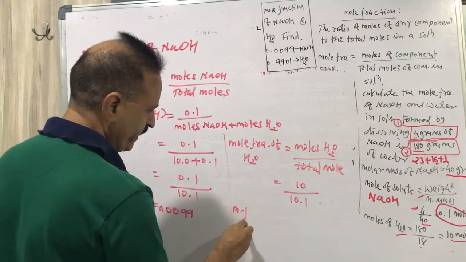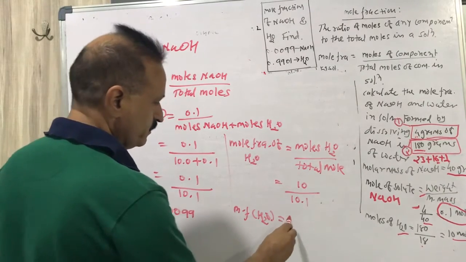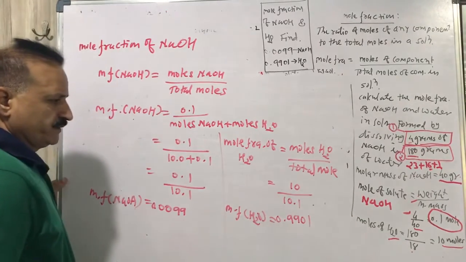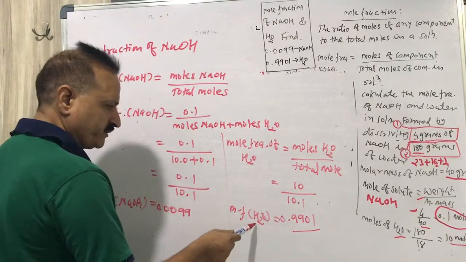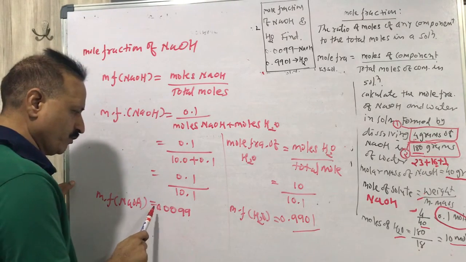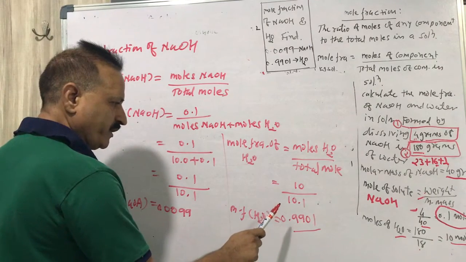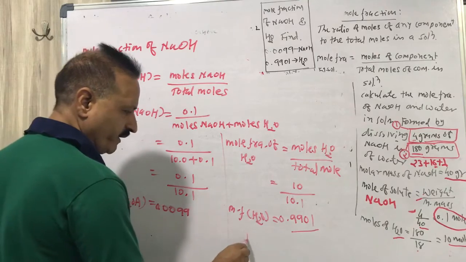Then the mole fraction of H2O will be 0.9901. So the total of mole fractions will be 1, means 0.0099 plus 0.9901 will be the total mole fraction 1.